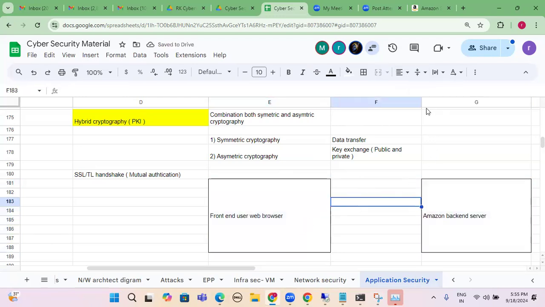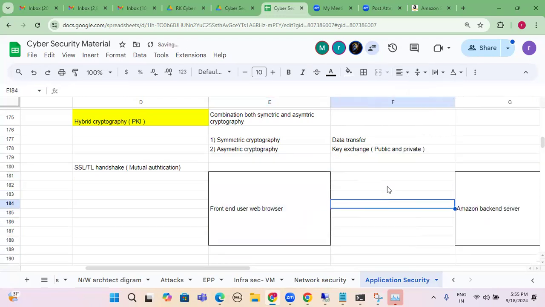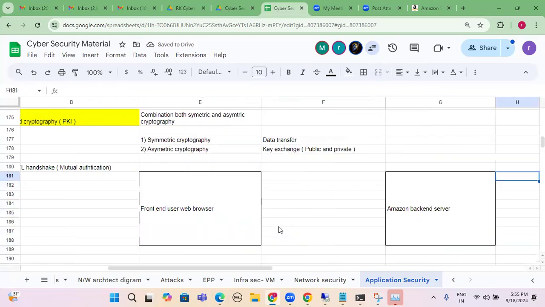What I will do first and foremost: if I want to order something, for example a laptop, I will initiate a connection through an HTTP request.